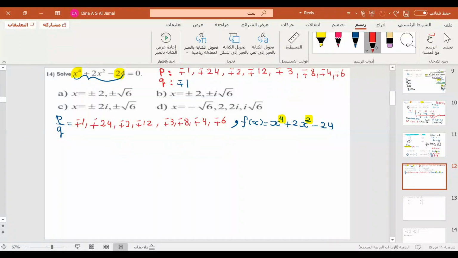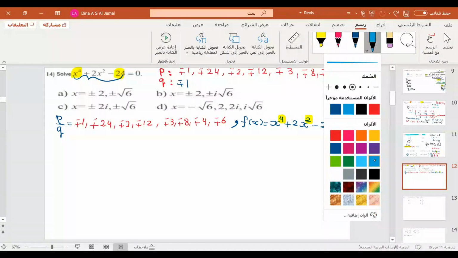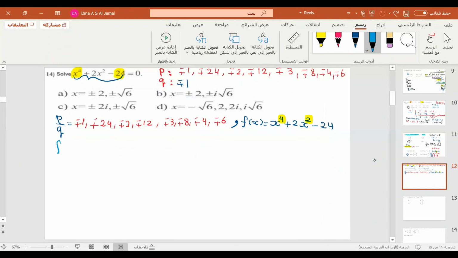So you can just choose one of them. So I will be choosing f of 1, which will be the same as f of minus 1. After substituting, it will be giving you minus 21, which is not a factor.